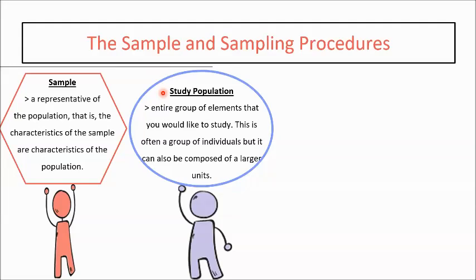Now, what if we have 3,000 students of senior high school? Will you take all of them for the research? Will you interview all of them? Will you give all of them survey questionnaires?